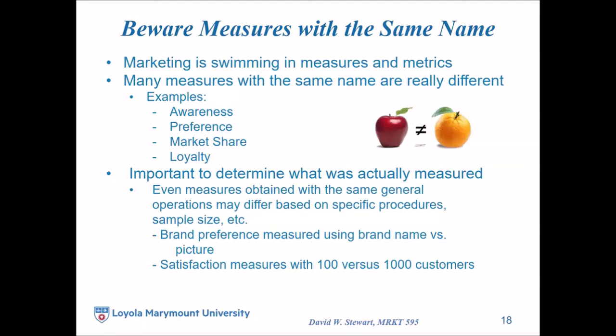We didn't have to pay for it. My daughter's response was, dude, we don't drink that. Where's the Coke? That's called loyalty. When people won't take your product for free and prefer a competitor, that's loyalty. So when people talk about loyalty, you really want to understand what the loyalty measure is. What was actually measured?